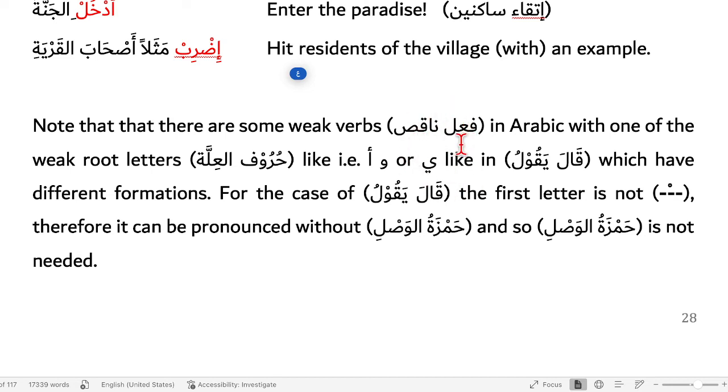I'm taking this just to understand Surah Yasin, briefly. So these are just brief concepts, and I'm not going into detail of those weak verbs, what kinds of weak verbs there are and how we can make the formations. It's out of scope of this lesson or these lessons.